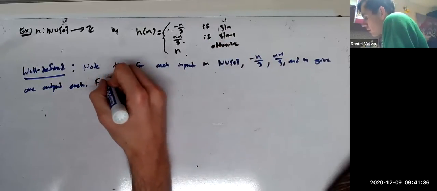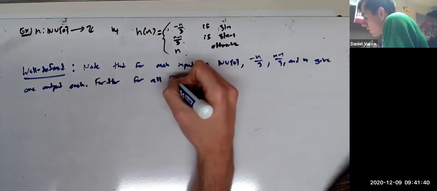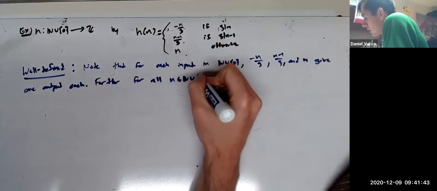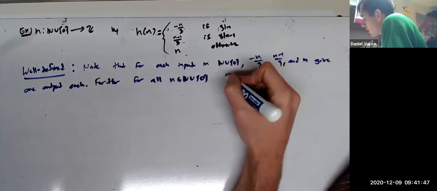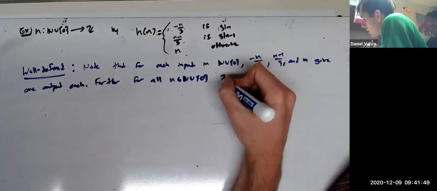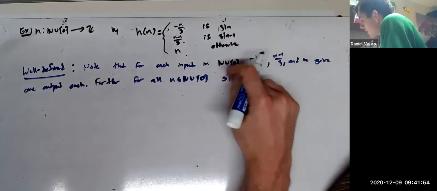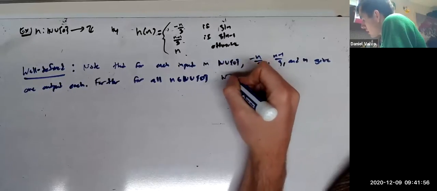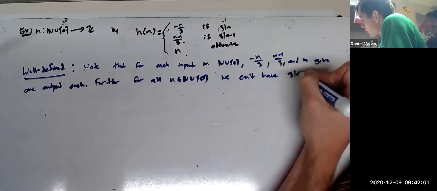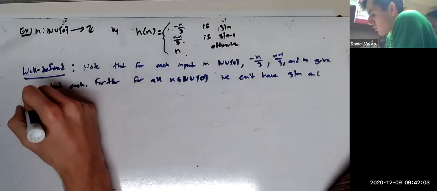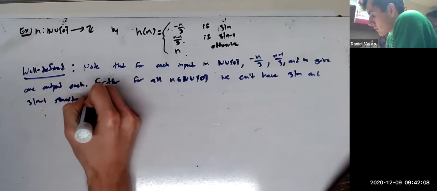So further, for all n in our domain, natural numbers union 0, we can't have 3 divides n and 3 divides n minus 1 simultaneously.